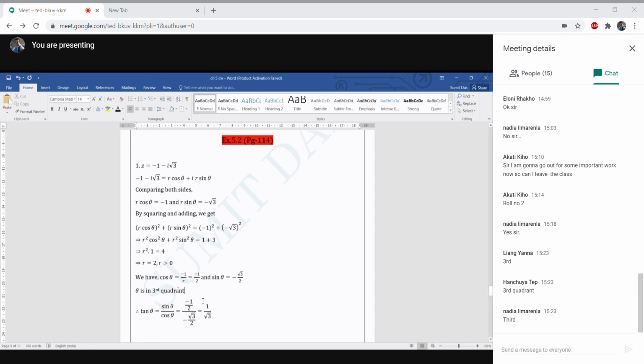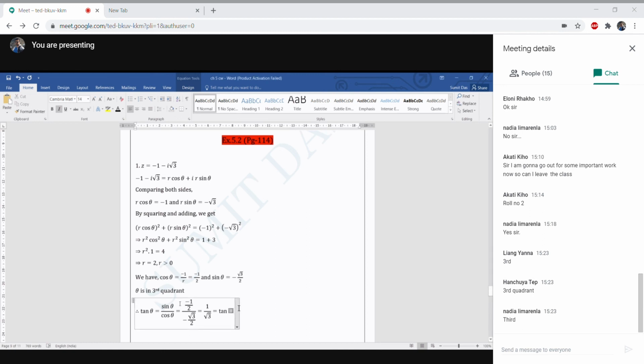So in the third quadrant tan is positive, we know, right? So tan value we got 1 by root 3. Oh, wait.